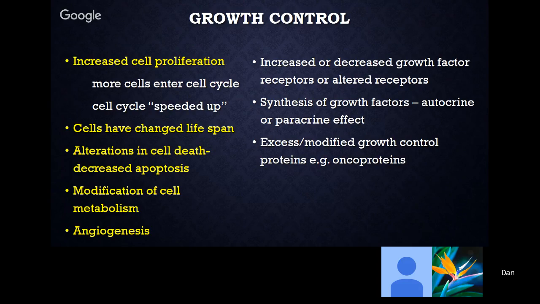So if there's a division, obviously the life of the cells is going to change completely, and that means you're going to have decrease of apoptosis, meaning that, like I said, if a cell's supposed to live 20 days, you're going to see it living 120 days, and that is not normal. All the metabolism of the cells is going to change. What does it mean? It means that all the cancer cells are going to take all the energy that is surrounding them.